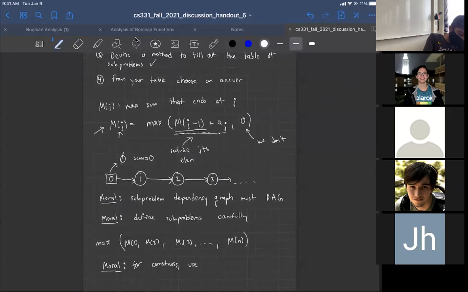you use induction to prove the recurrence relation. There's not much more to say about correctness here. If you prove the correctness of the recurrence relation, and you argue that this final process of selecting the answer is correct, then you are done proving correctness of dynamic programming.